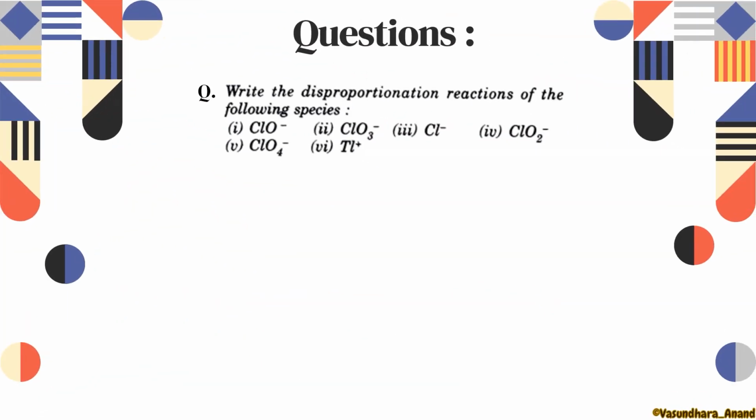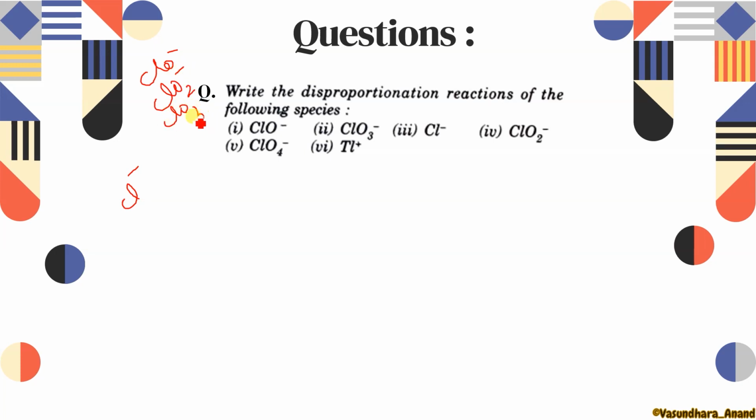Now another question, write the disproportionation reaction of the following species. ClO minus, see that Cl. So if it is a redox reaction, then the reduced product will be for sure Cl minus, and the oxidized product you can write ClO minus like this, or you can write ClO2 minus, or you can write ClO3 minus, or you can write ClO4 minus.